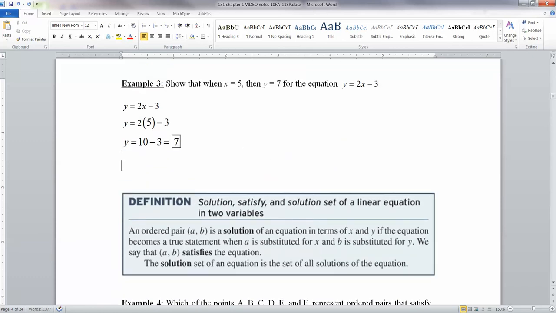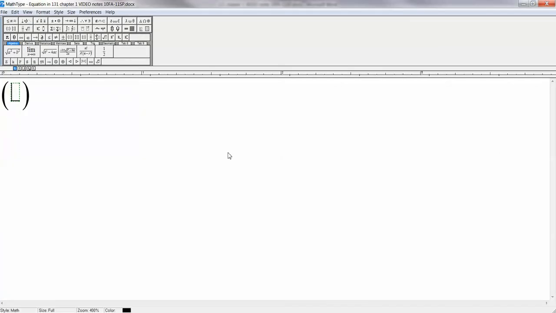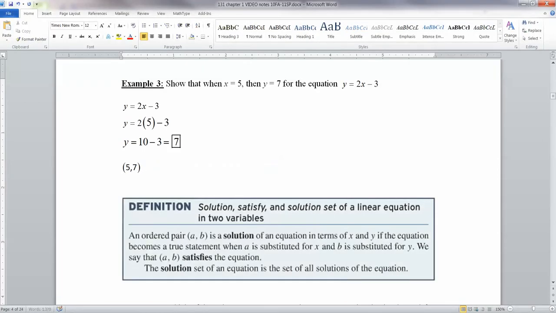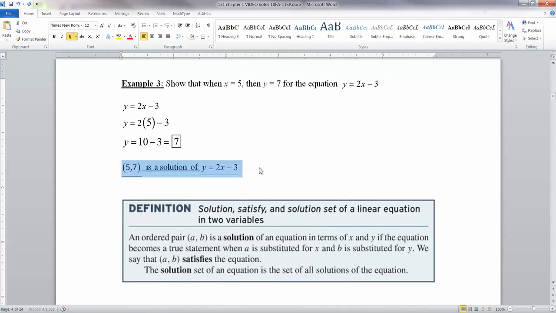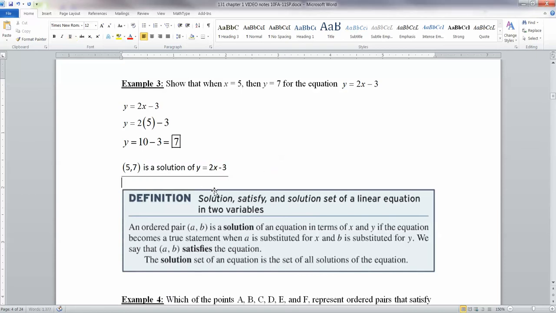So in other words, the point 5 comma 7, that's our ordered pair, is a solution of the equation y is equal to 2x minus 3. There we go. 5, 7 is the solution of y equals 2x minus 3.